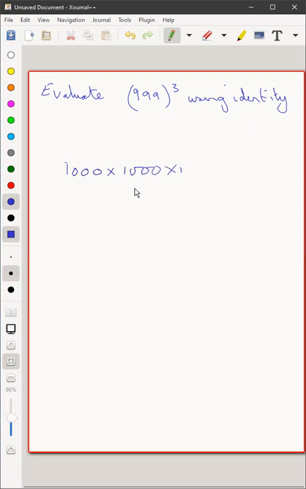Understood. So there are 9 zeros. So your answer should be somewhere 8 or 9 zeros, isn't it? Because 1000 cube is 9 zeros. So 999 cube will be something less than that. So at least 8 places will be there, right? Think and answer.